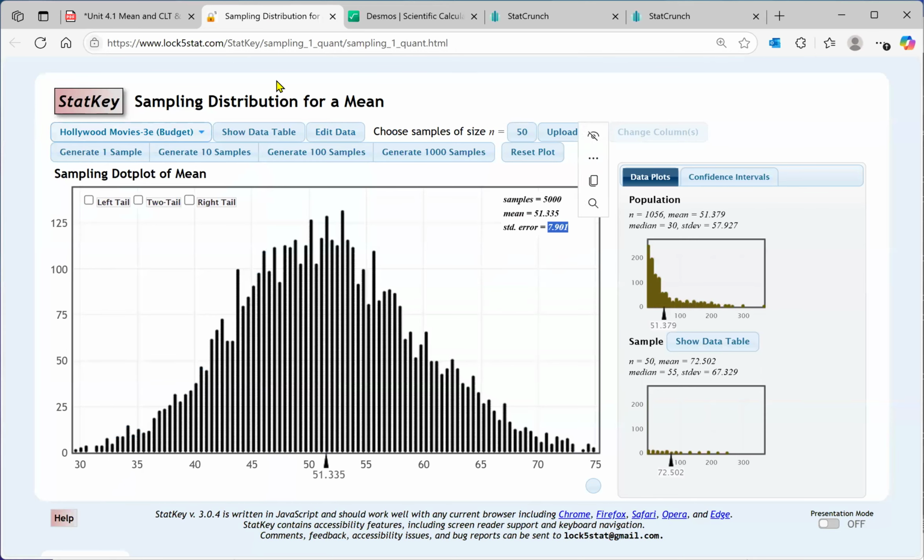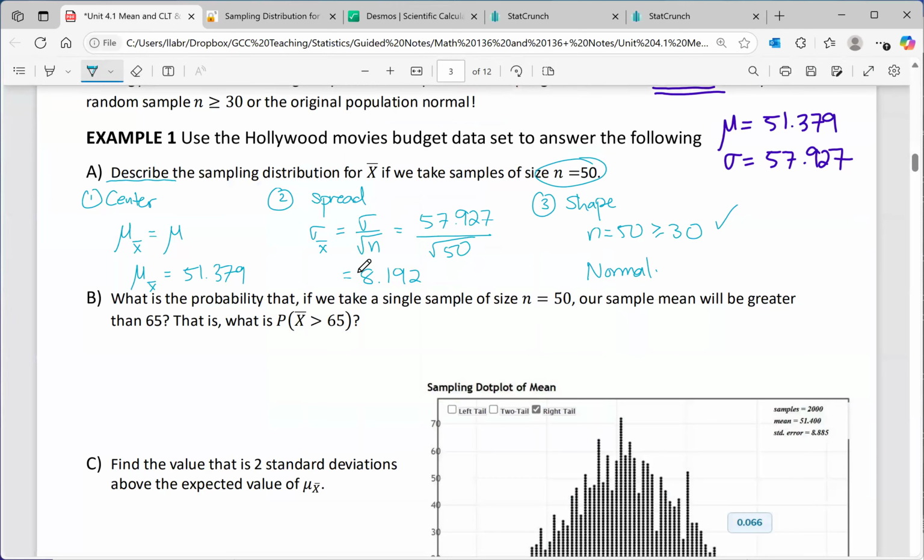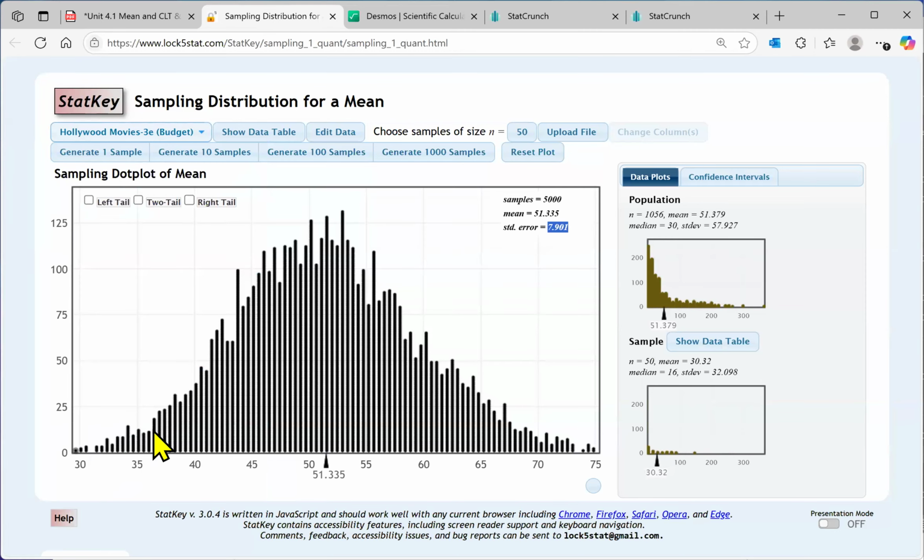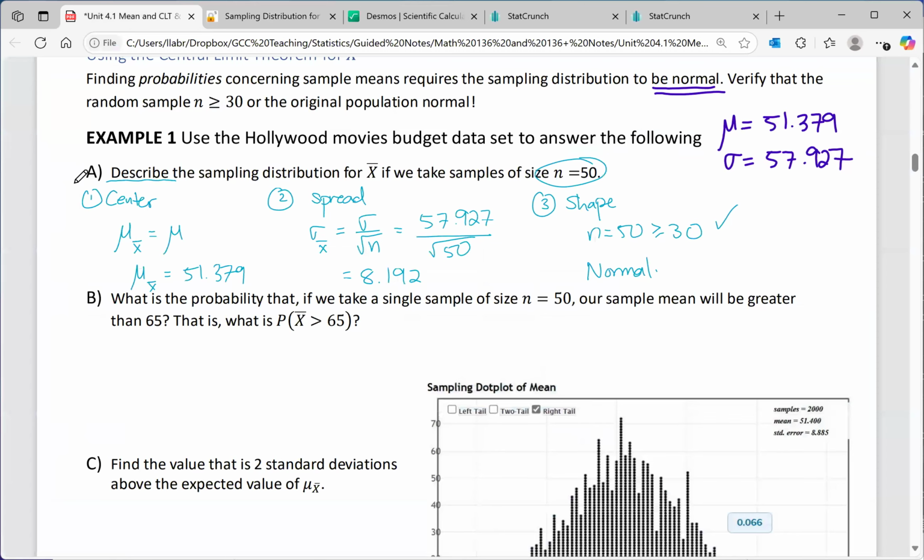Spread is 7.9 versus predicted 8.192, pretty close. And my shape is approximately normal. Do you all think that this is approximately normal? I hope you're agreeing. All right, so notice there's no more need to simulate. We now have all the power by simply using the central limit theorem.